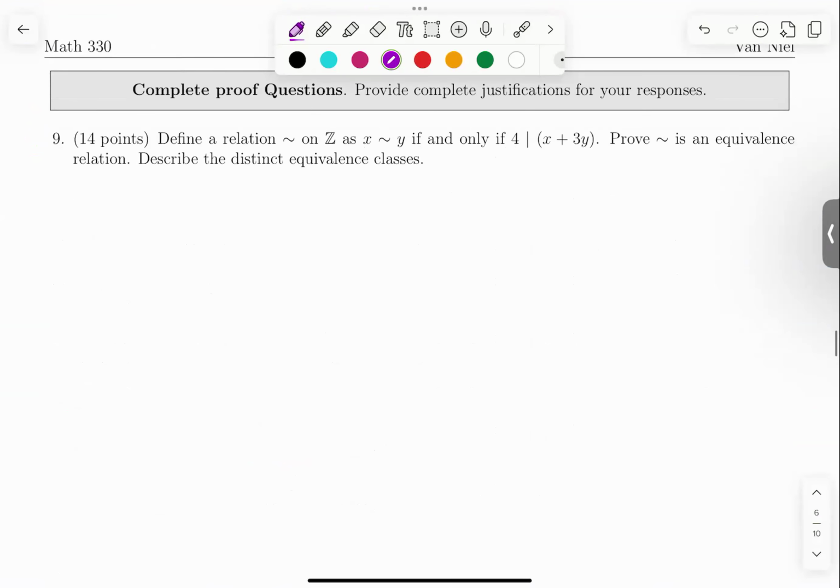All right, define a relation such that x twiddles y if and only if 4 divides x plus 3y. All right, let's get started. We're going to prove that this is an equivalence relation and describe the distinct equivalence classes. So let's start with reflexivity.